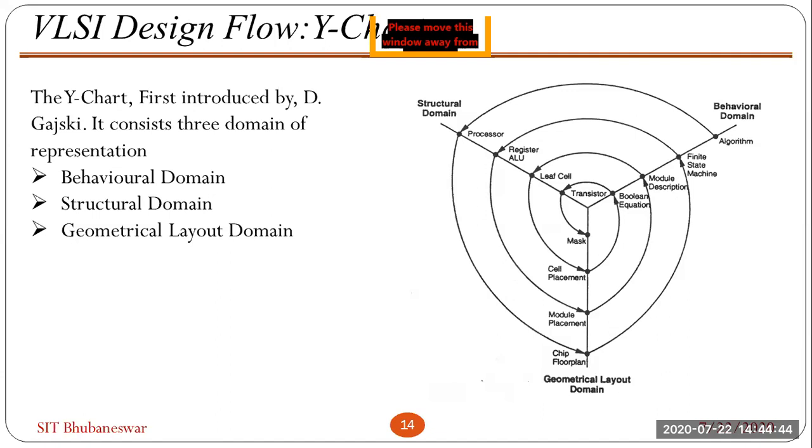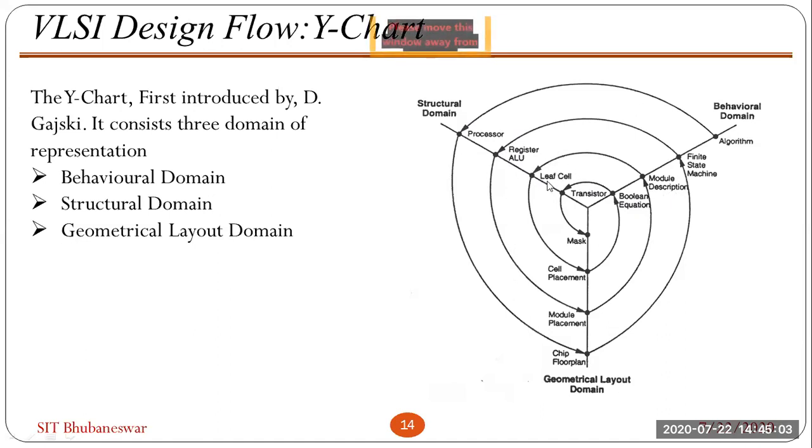The corresponding structural domain for the algorithm is the processor. For the finite state machine, it is arithmetic, registers, and ALU, all the functional units. It's like a circuit. And in module description, it's nothing but gates.